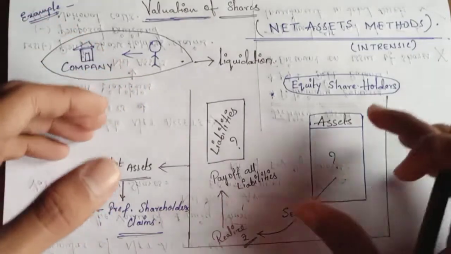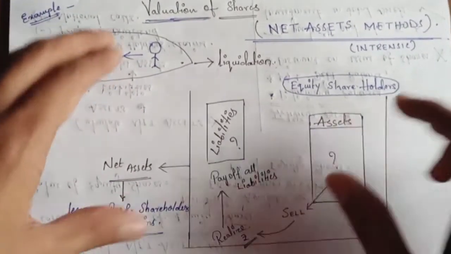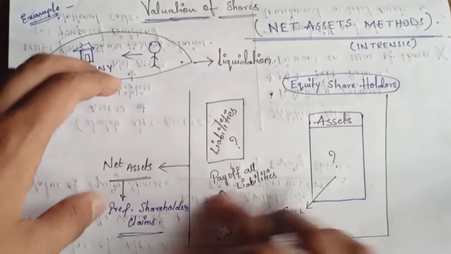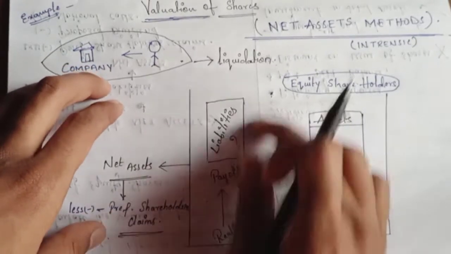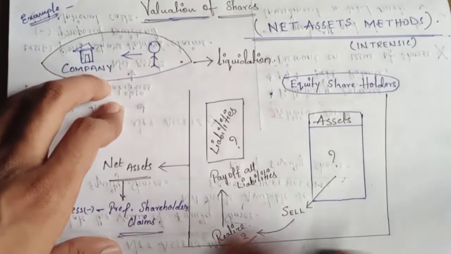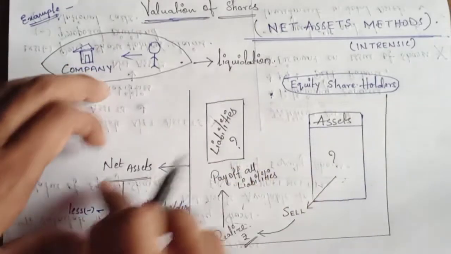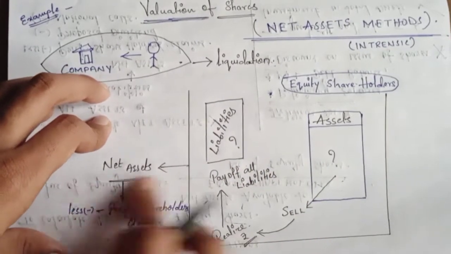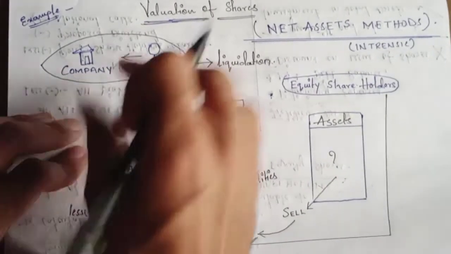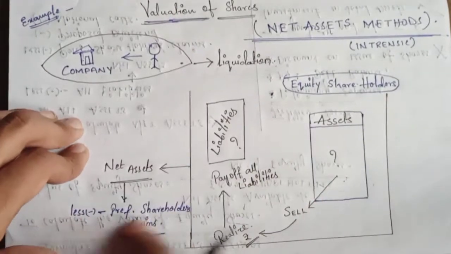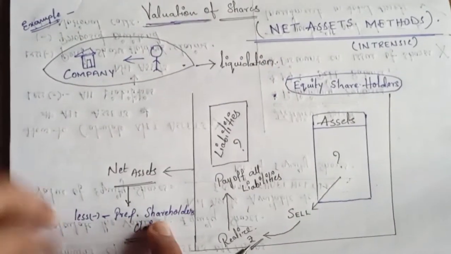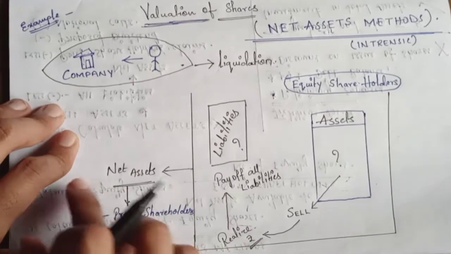Here we are going to find out the realizable value of the assets, and we are going to deduct the outsider liabilities from it, and then we will get the net assets of the company. And if there are any preference shareholders, we are also going to deduct their claim from the net assets.